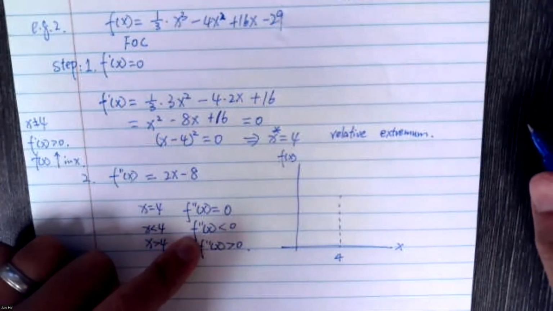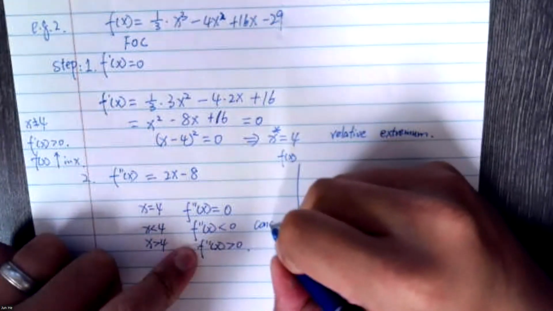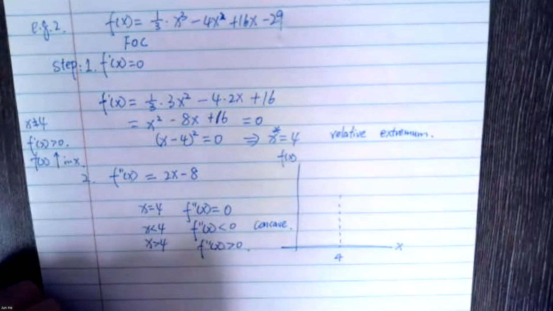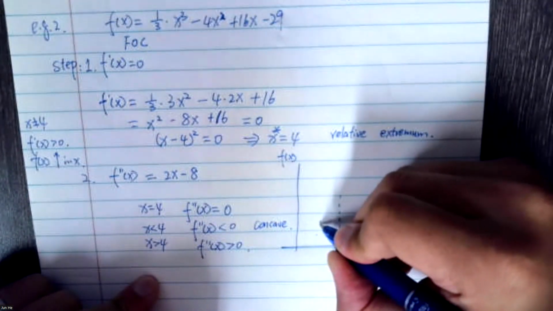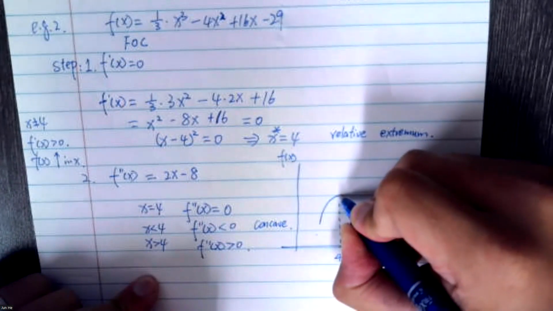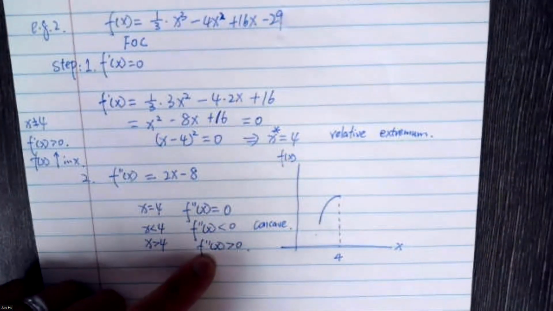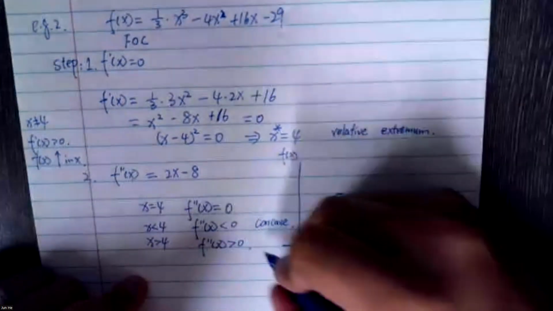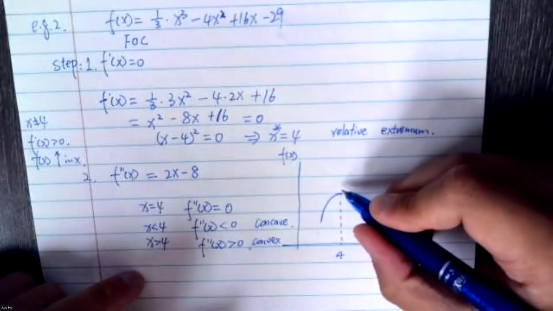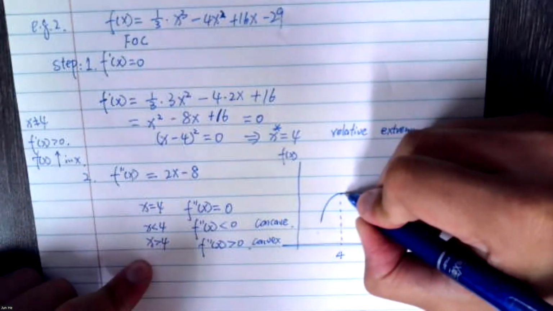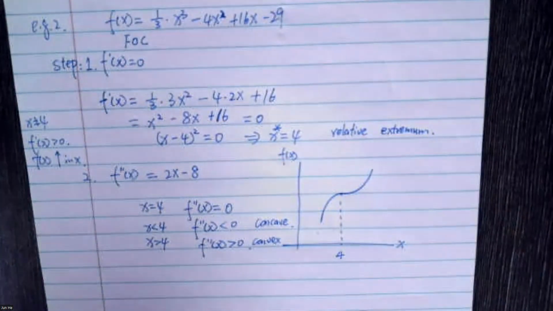What does that mean? f double prime x smaller than 0, that is a concave function, right? So when x is smaller than 4, it is increasing, but increasing this way. When x is greater than 4, f double prime x is greater than 0, then it is convex. So you see the curvature actually changes around 4. This is what the function will be like.